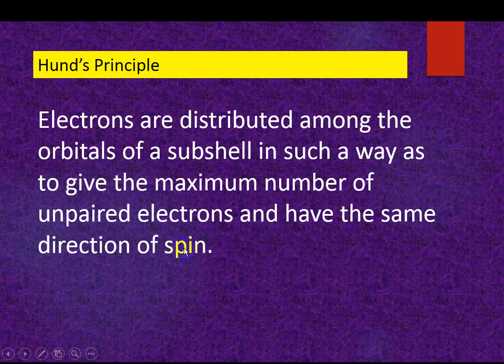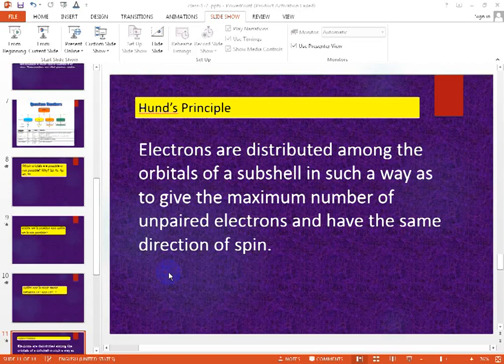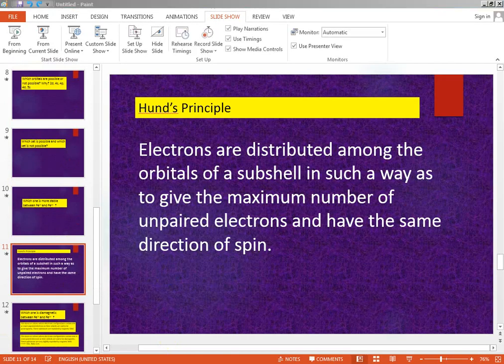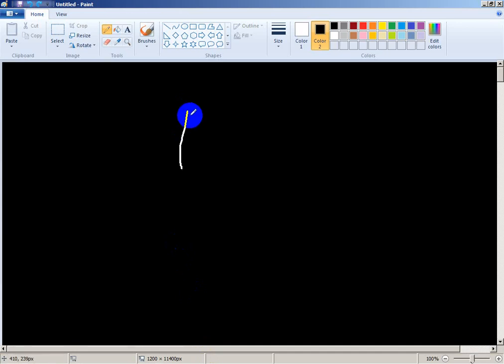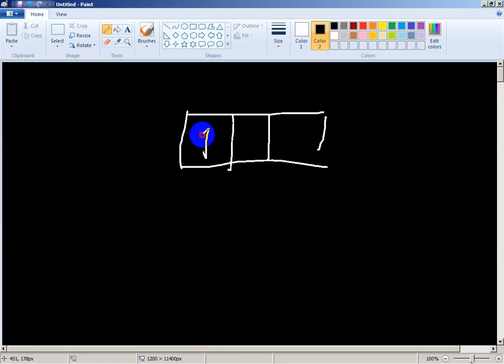That means electrons enter the orbitals singly first, half filled, and only then become paired. In p orbitals, for example, a single electron is filled in each orbital first. After the single filling, they become double.